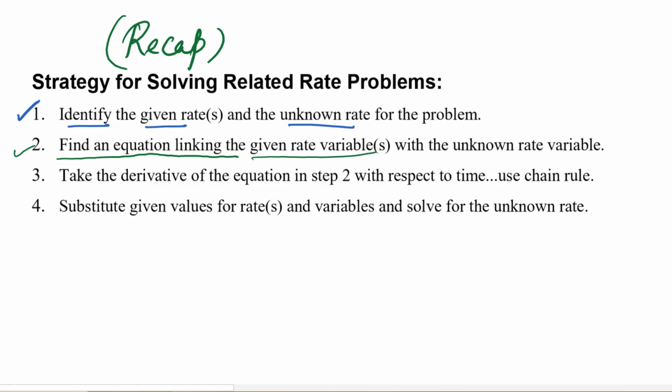Third step is to take the derivative with respect to time, and don't forget to use the chain rule. So take the derivative of the equation that you just found in step 2. And the last step is to substitute the given values and the given rates and solve for the unknown rate.